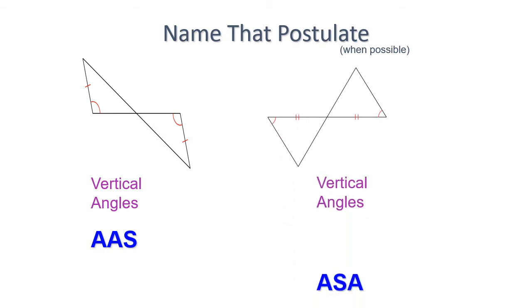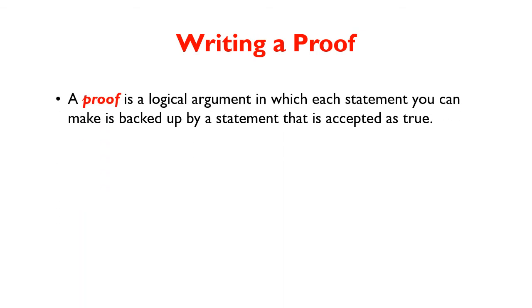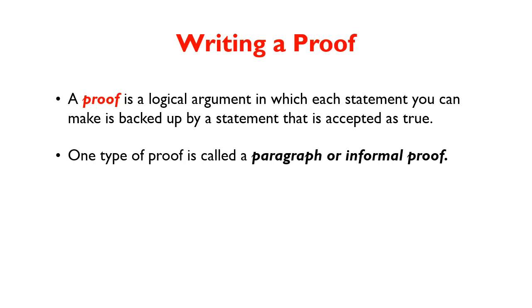Now, let's go directly to writing a proof. A proof is a logical argument in which each statement you can make is backed up by a statement that is accepted as true. One type of proof is called a paragraph or informal proof.